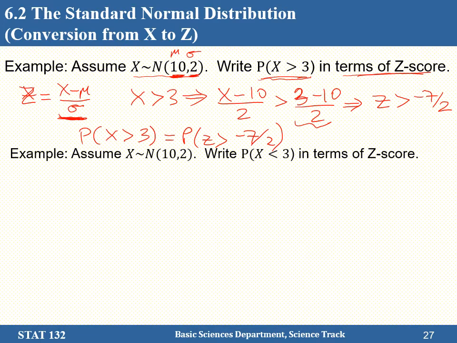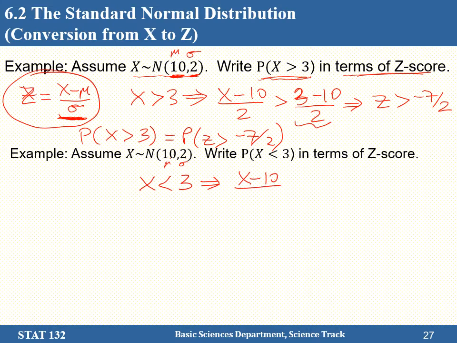Okay, let's look at this example. X has a normal distribution again with this mu and sigma. We want to write the probability that X is less than 3 in terms of the Z-score. So again, Z is equal to X minus mu divided by sigma. Here is the mu, sigma, same. So we can write here X less than 3, and X minus 10 divided by 2 is less than 3 minus 10 divided by 2.